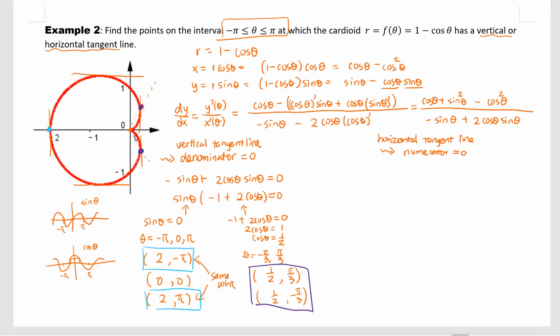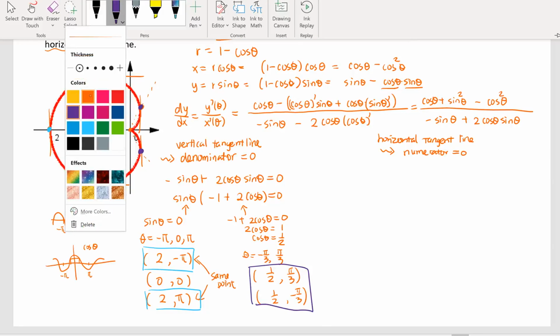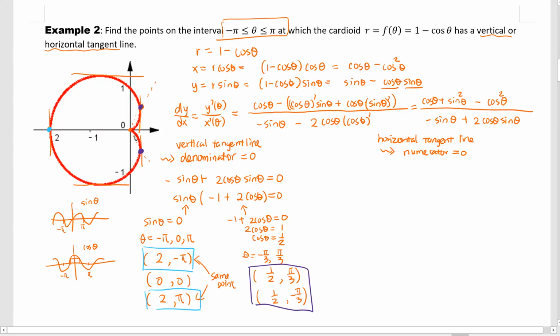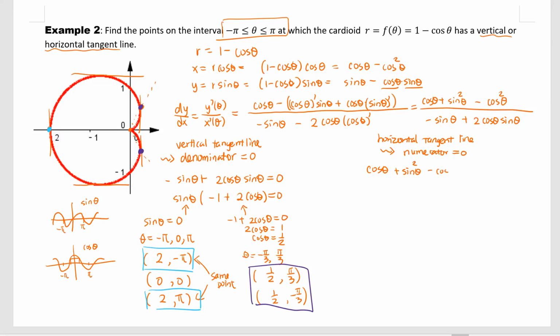Alright, so let's continue to the other half, okay? So at what points do we have a horizontal tangent line? That corresponds to the numerator being 0. Okay, so the numerator is 0, we have cosine theta plus sine theta squared minus cosine theta squared equal to 0. So here you can get rid of the sine, or you can get rid of the cosine.